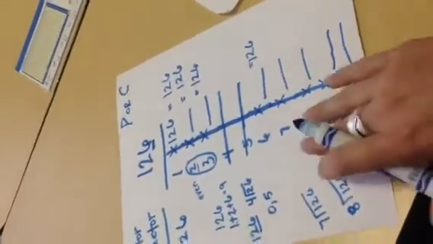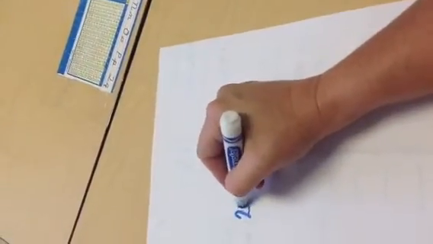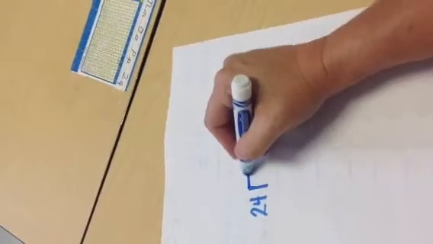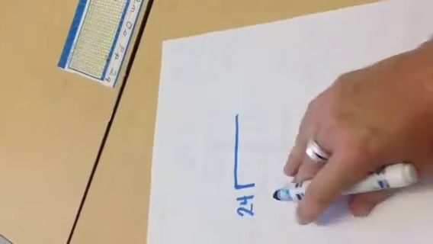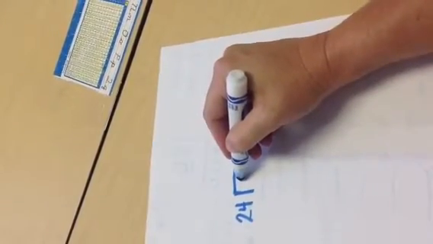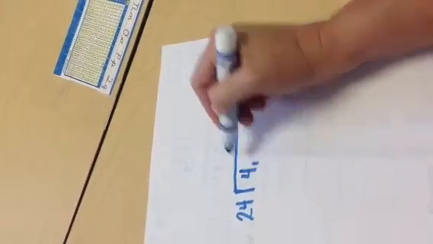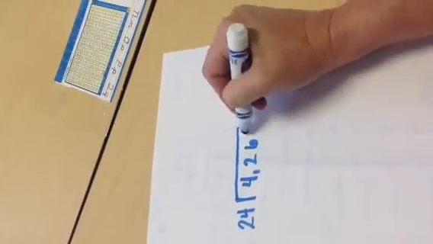Now for the other part of your homework, I would like you to divide 4,263 divided by 24. Now, you can do it the old-fashioned way, the standard way. I know that some of you really like this way, but if you're not comfortable, you can do your multiples tower.